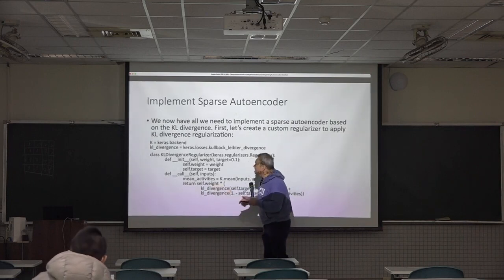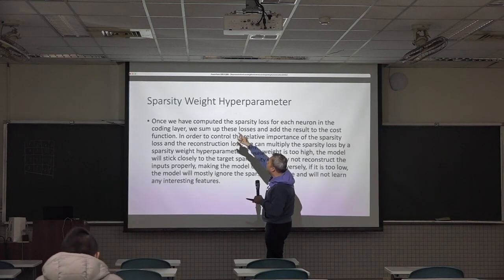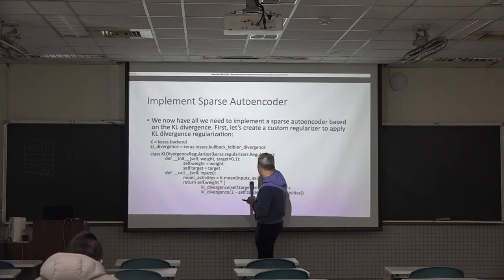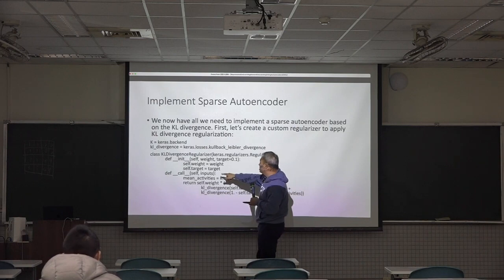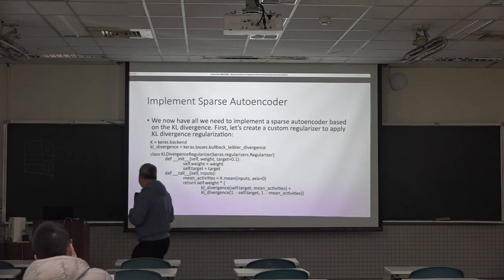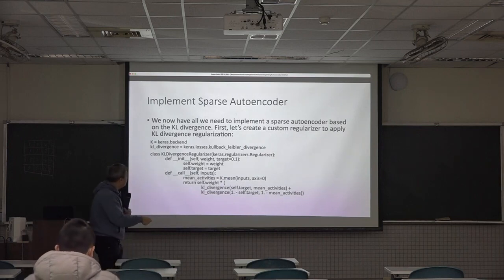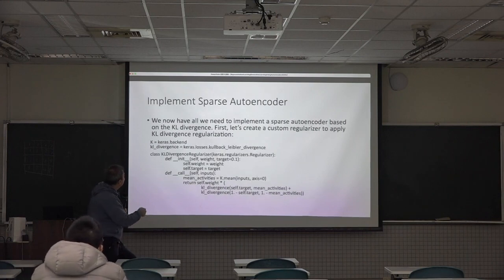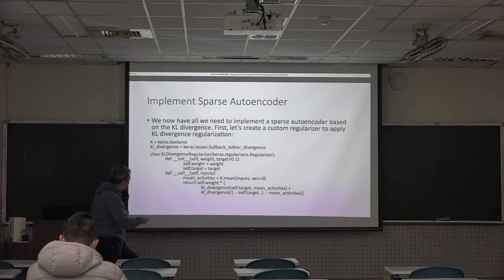This weight is the sparsity weight hyperparameter that we get from the input parameter. So once you have this KL divergence loss, the KL divergence regularizer is ready.